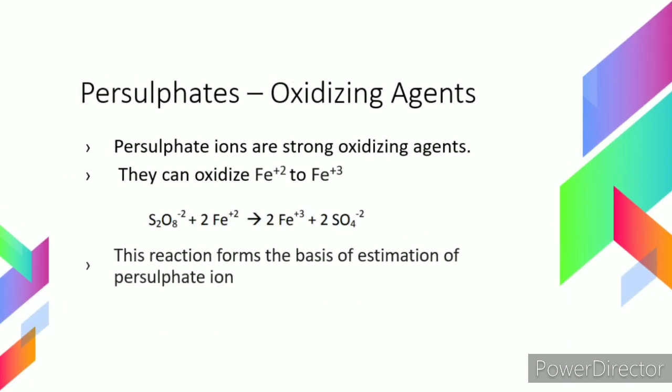Persulfate ions are strong oxidizing agents. They can oxidize Fe+2 to Fe+3. So, this reaction forms the basis of estimation of persulfate ion. Let's see how we do it.